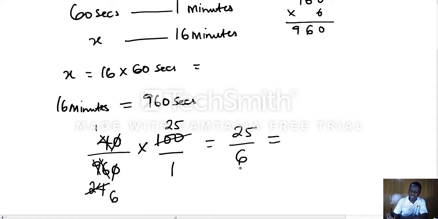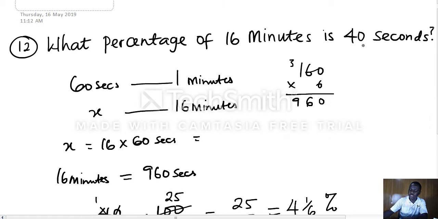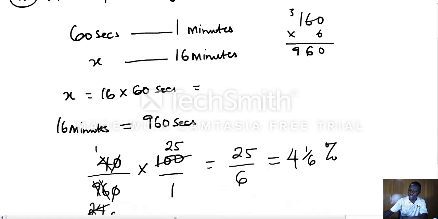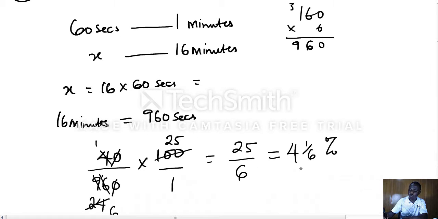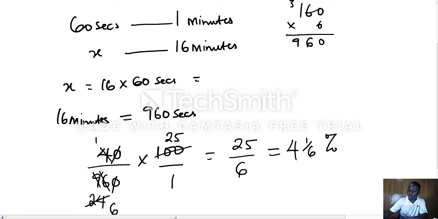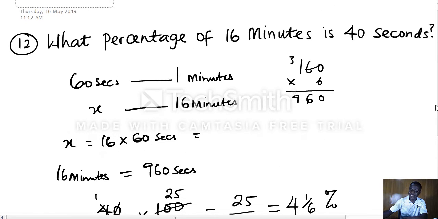And 25 divided by 6 will give you 4 whole number 1 over 6%. So therefore, 40 seconds is equivalent to 4 whole number 1 over 6% of 16 minutes.